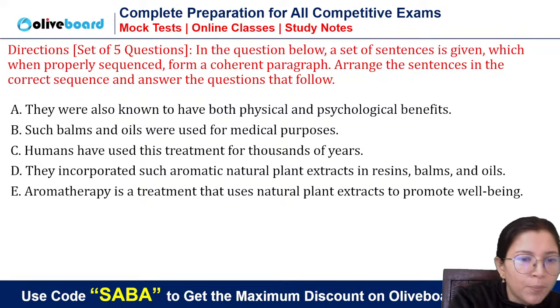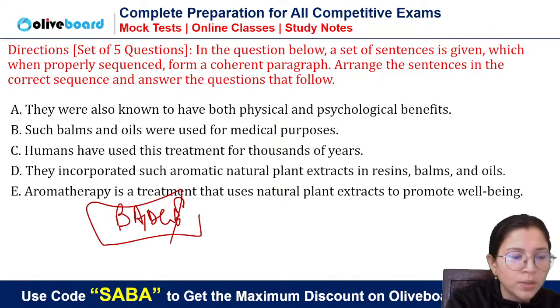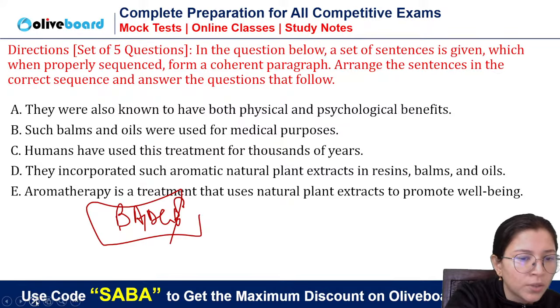जैसे अगर आपको लगता है कि बी फर्स्ट आएगा तो पहले बी रख दो, फिर ए रख दो, डी रख दो, सी रख दो, ई रख दो. इस तरह से आपको अरेंज करके देना है. ओके, this is just one random. I told you this is how you have to do.